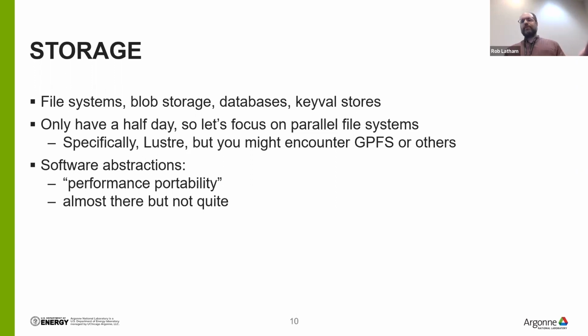Now, the software abstractions on top of there help us achieve something that we shoot for called performance portability, where you can provide all this information to your application and hopefully achieve good performance when you take that application to a different platform.